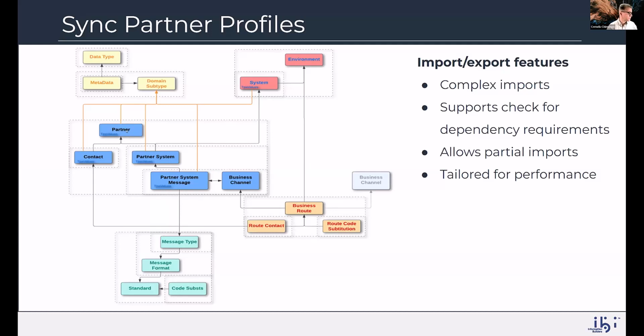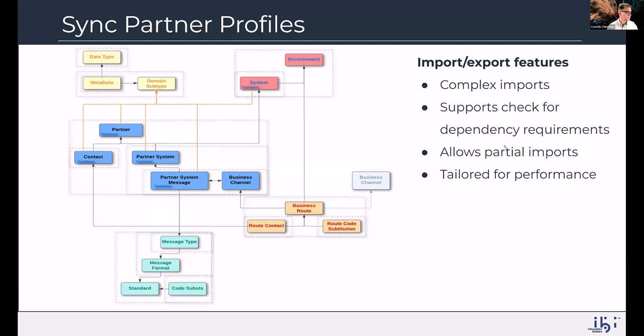Import, on the other hand, can import from an exported set, a complex exported set, either just the main entity or the main entity along with its children. The imports are checked, so we make sure that all referential integrity is being respected. We can, as I said, allow partial imports.